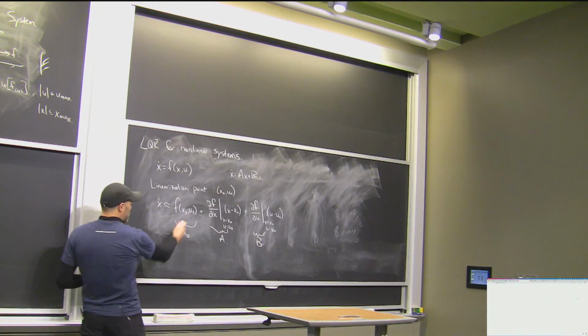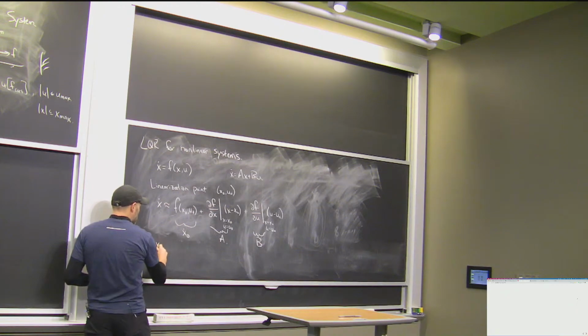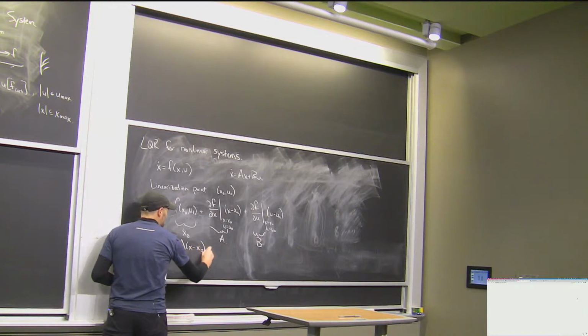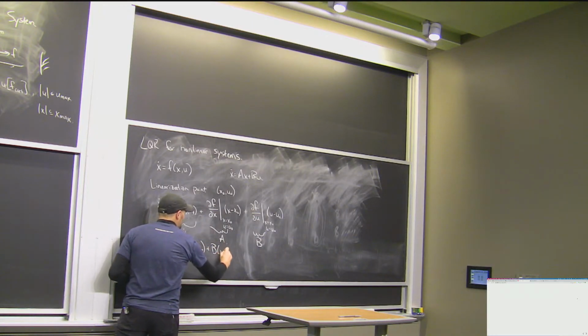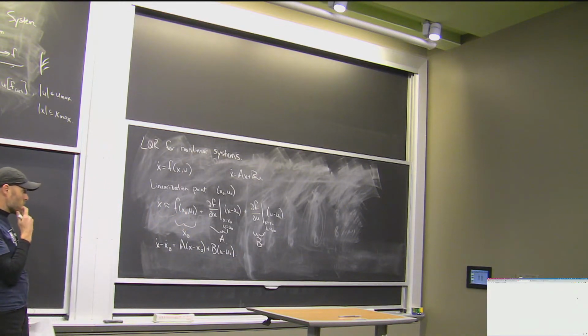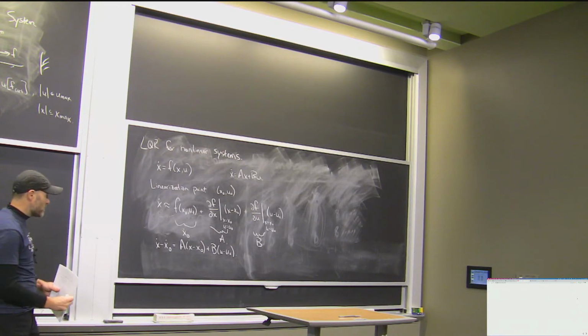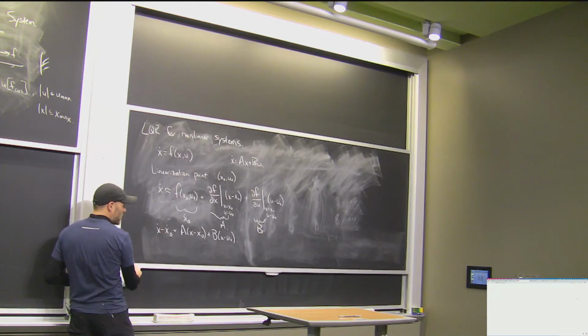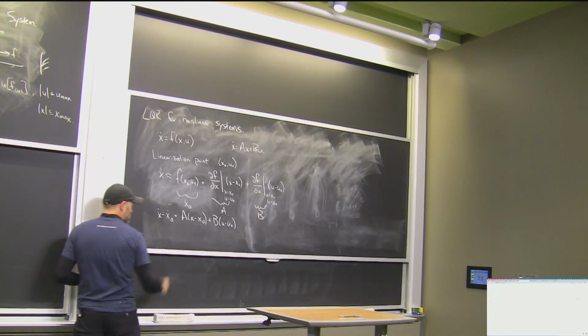And now if I pull this to the other side, I can write this, which suggests that if I want to make a linear approximation of this, I have to change coordinates.